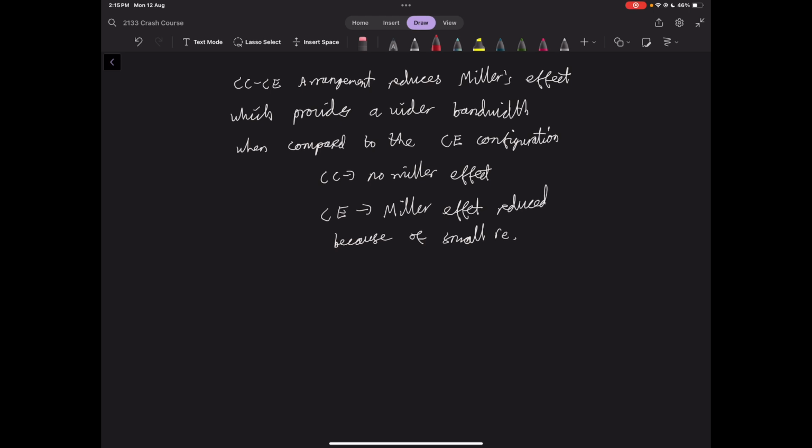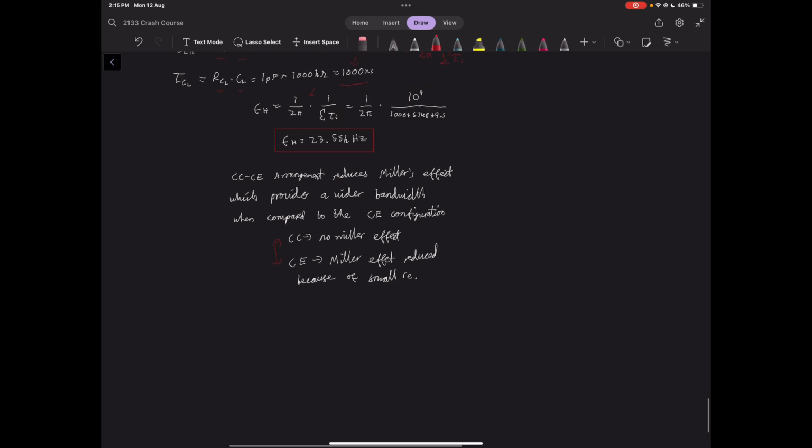But essentially, the common collector arrangement reduces Miller's effect, which provides a wider bandwidth when compared to the common emitter configuration. As we know, common emitter amplifiers from the lectures have a Miller effect, and the common collector has no Miller effect. By cascading these together, we can still keep the high gain of a common emitter amplifier while removing the Miller's effect.